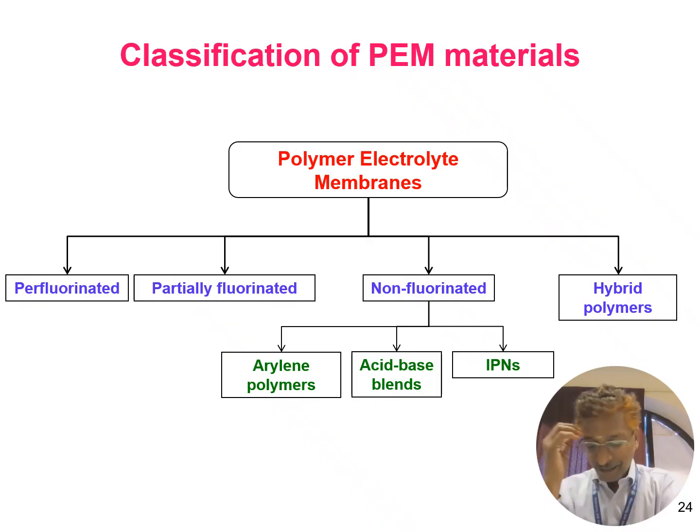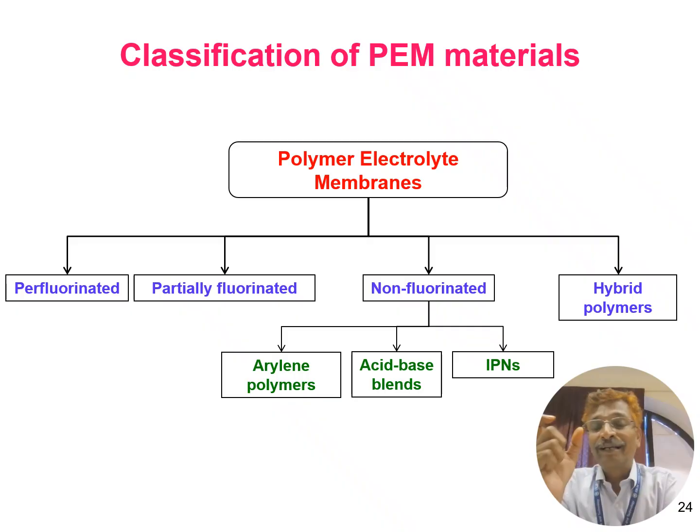As I said already, fuel cells are classified based on the electrolyte. The electrolyte is usually considered the heart of the fuel cell, because the role of the electrolyte is very important.